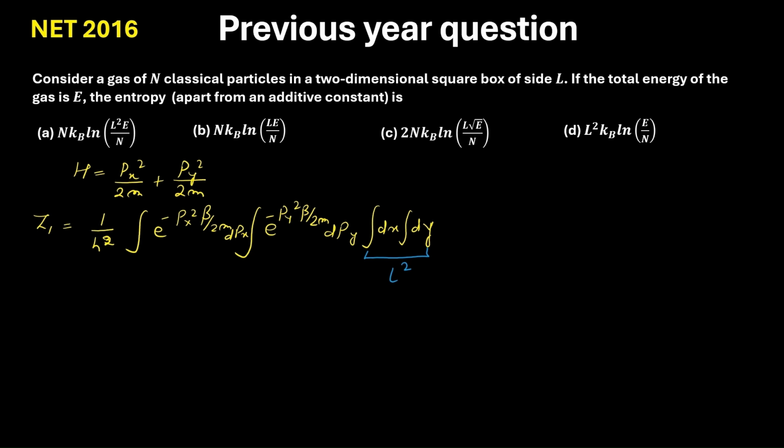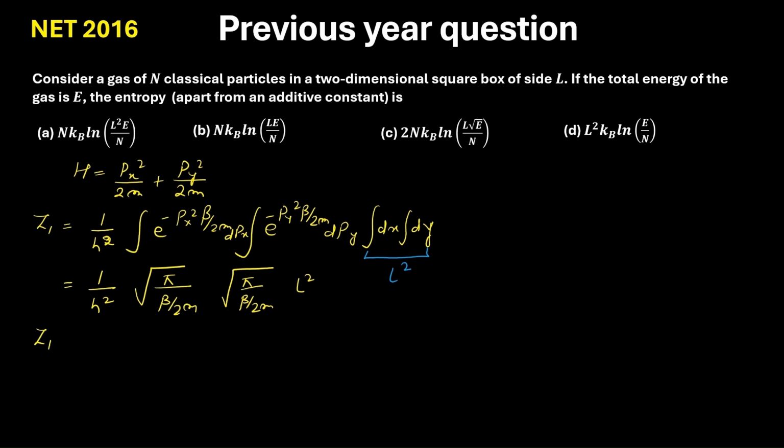This is the equivalence of the volume element in 2 dimensions. Now for the other two terms, we can use the integration trick. So the first integral will be equal to root of pi by beta by 2m, and the second integral will be equal to pi by beta by 2m, into L square.